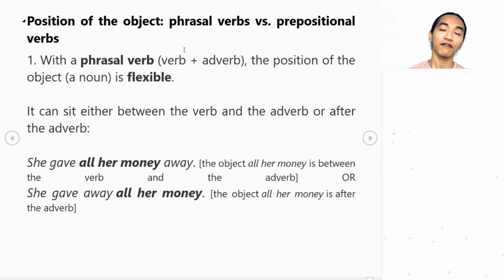Just like in the previous lesson, we have the separable phrasal verbs. For example, she gave all her money away. The object, all her money, is between the verb and the adverb, gave and away. We can also say, she gave away all her money, with the object after the adverb.